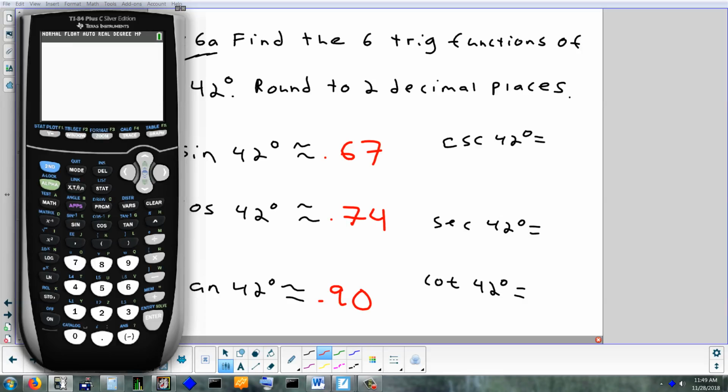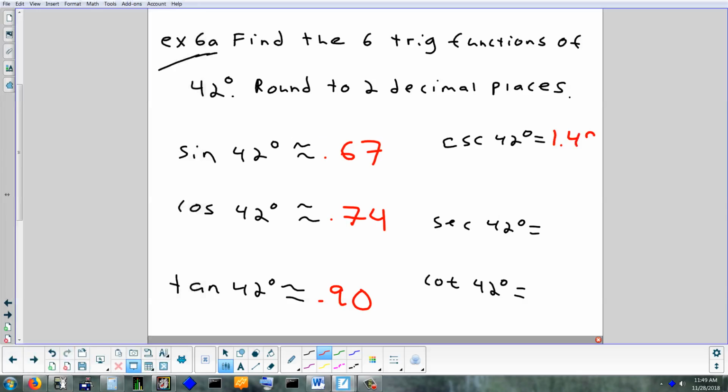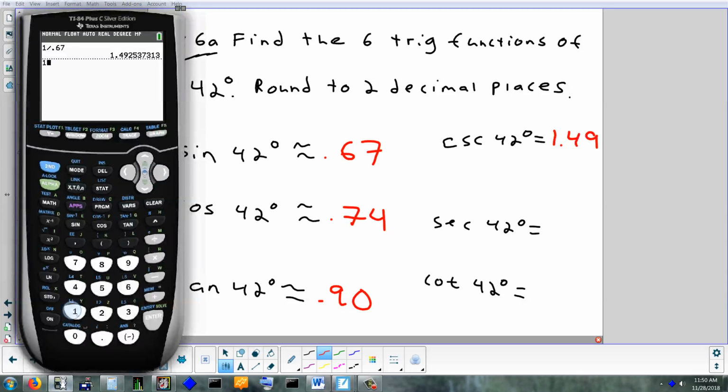So the only way we can find these is to do the same thing we've been doing all along. What did we do with the 3 on the left to get the 3 on the right? Take the reciprocal. 1 divided by 0.67 is 1.49. Now, it would be a little more accurate if I typed it in like this: 1 divided by sine 42.